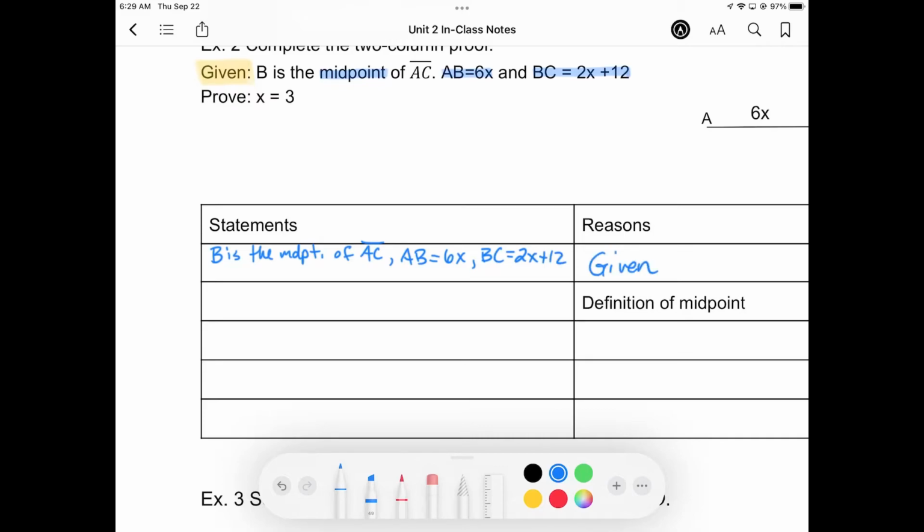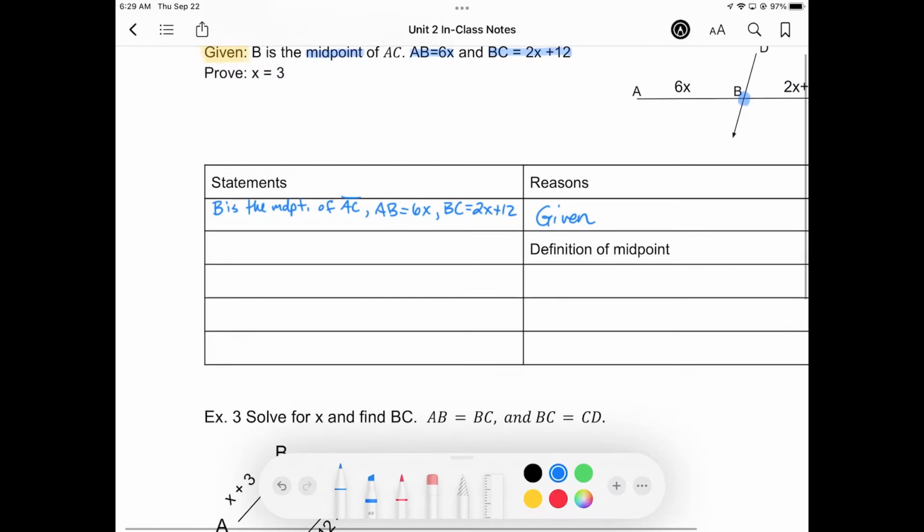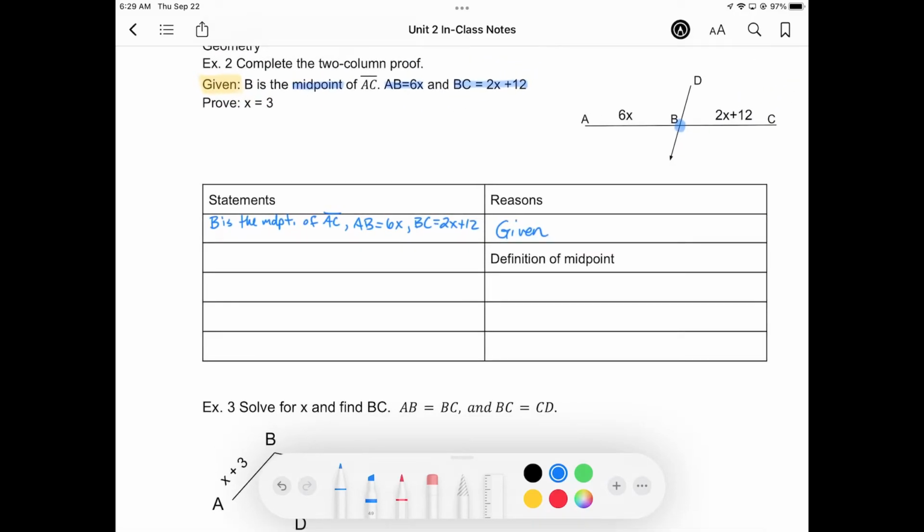That's all my givens. Okay? And then this time I filled in the reason for you. Again, I gave you that definition of midpoint, or you might also see it as part equals part. That's what midpoint means. This midpoint means that this segment, AB, has to be the same length as the other part segment, BC. If it's the midpoint, these are equal parts on both sides of that point.